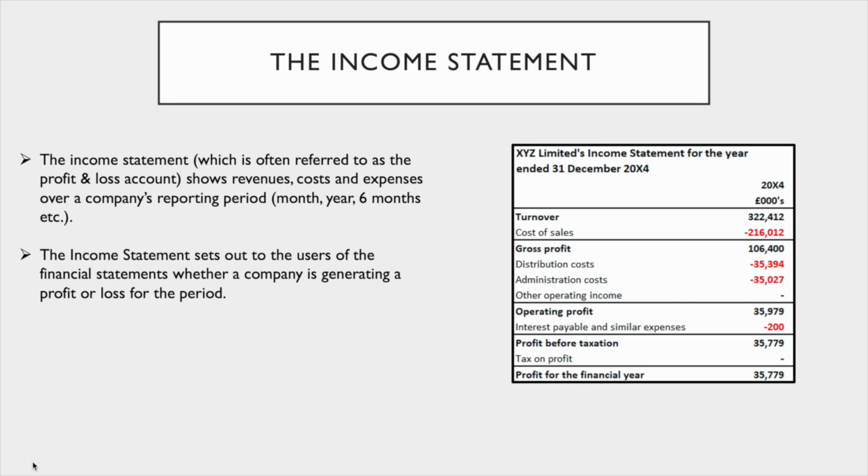We've got an example of an income statement here. We have got XYZ Limited's income statement for the year ending, in this case 12 months, 31 December 2004. Some turnover here, or revenue, less various expenses to arrive at a profit. So that's just an example of an income statement.